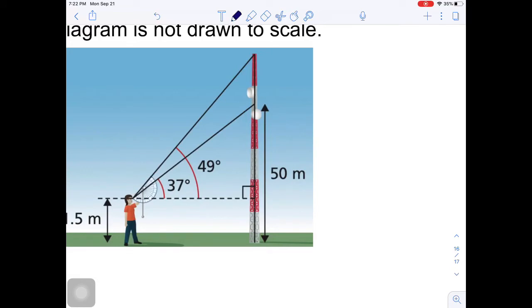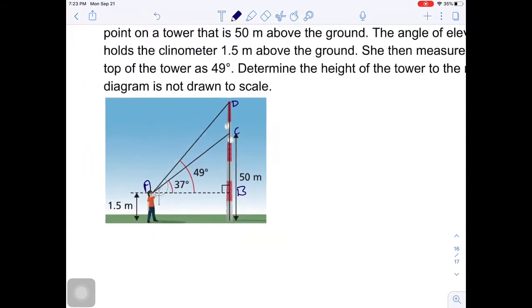So how I'm going to do that is I'm going to use my lettering system. So in this case, I'm going to label this A, B, C, D. Now that's going to help me in solving for this question, because now I can label these triangles properly.